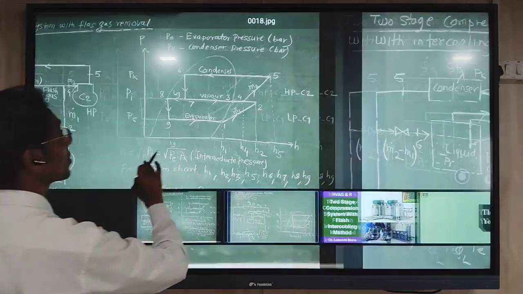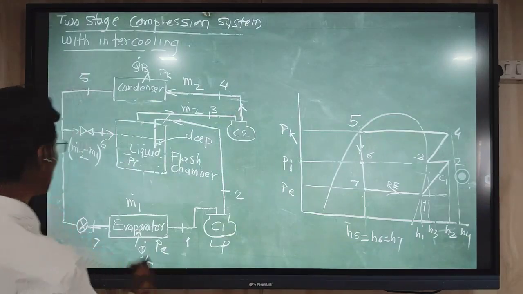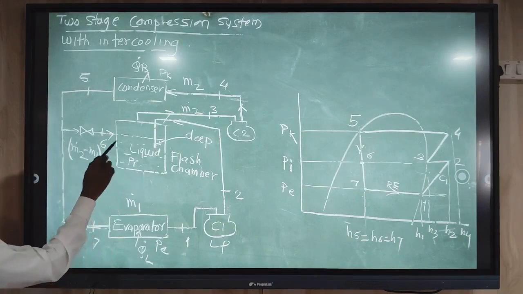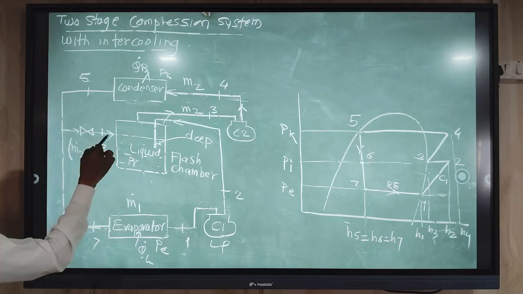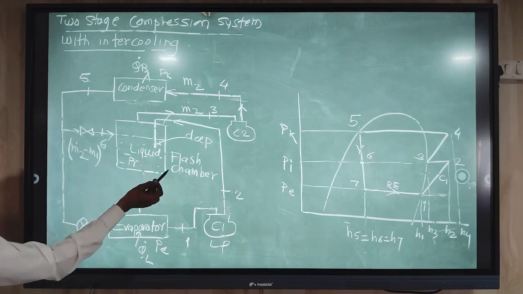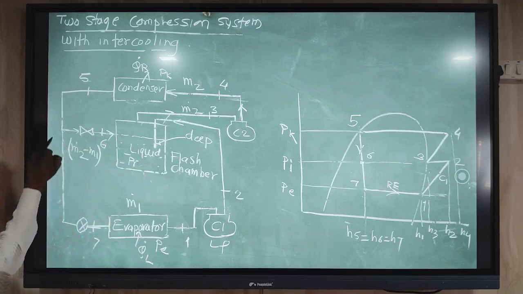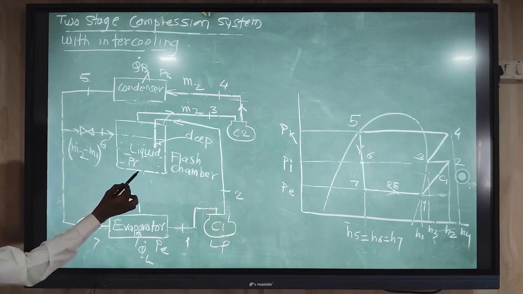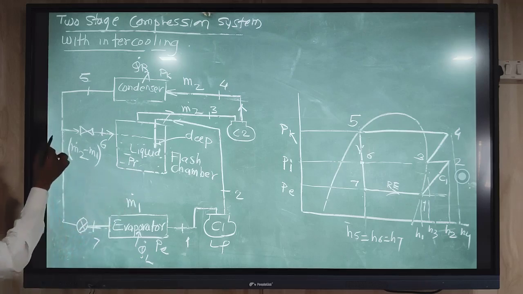But in the case of the intercooling system, part of the refrigerant goes to the flash tank, and the remaining refrigerant is taken from the same line, not from the flash chamber, because if it were taken from the flash chamber it would be in liquid form, but this is in mixed form.